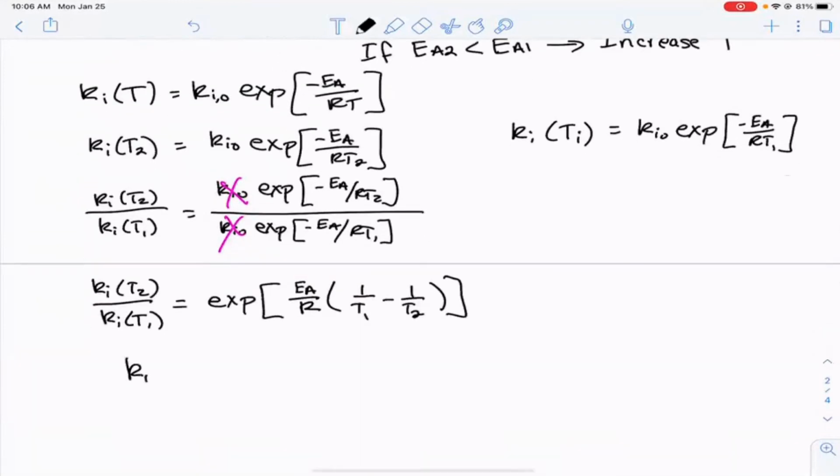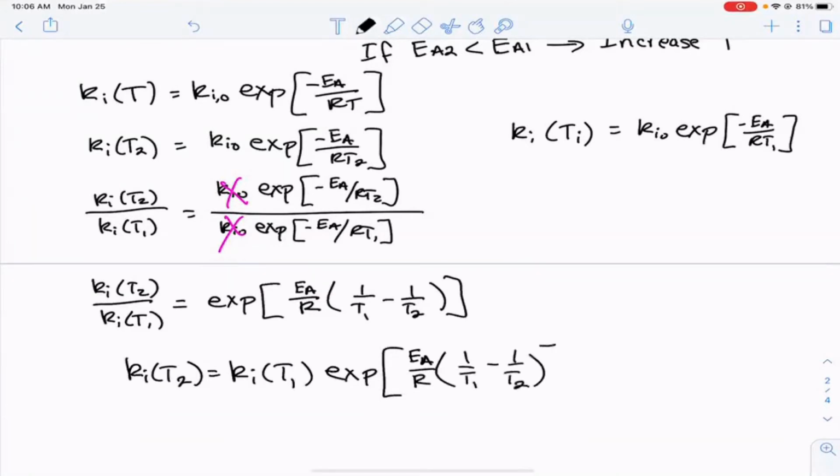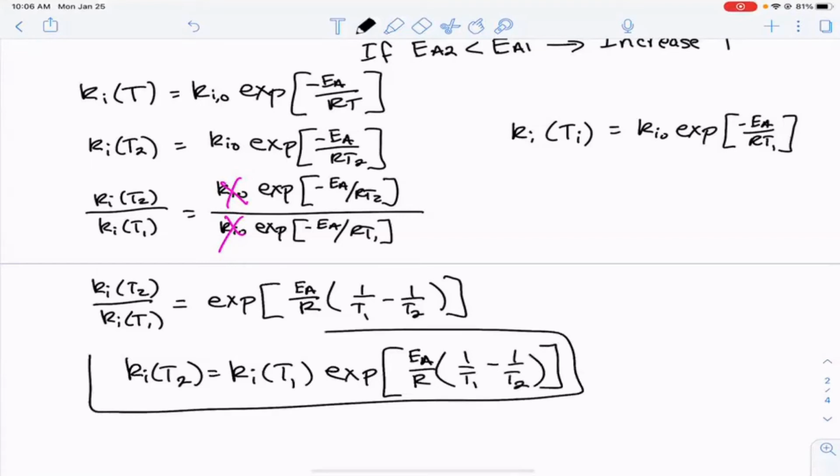Or Ki at T2 equals Ki at T1 times the exponent of EA over R times 1 over T1 minus 1 over T2. And we're going to end up using this expression a lot later on in the semester.